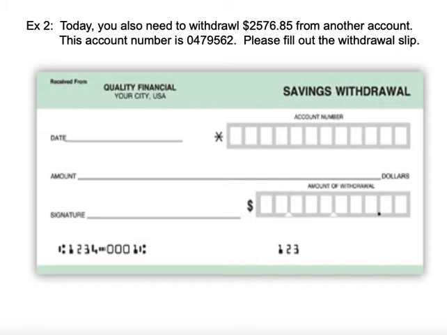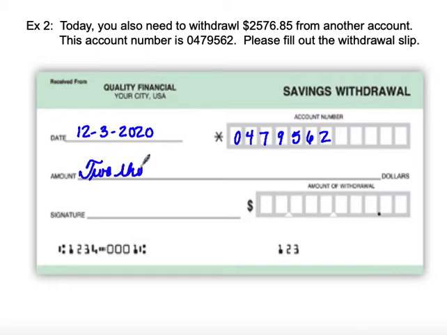Our second one says today you also need to withdraw $2,576.85 from another account. So this account number is 0479562, and today is still December 3rd, and our amount is $2,576.